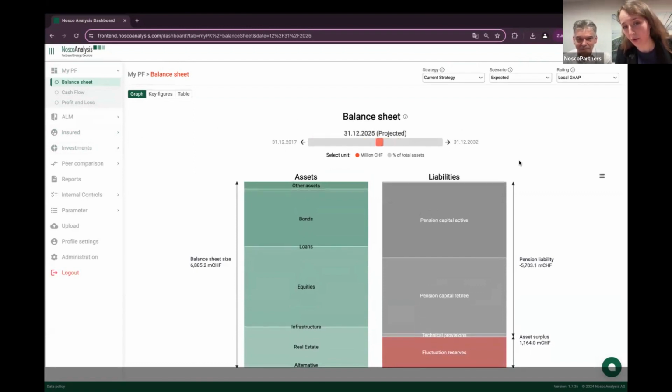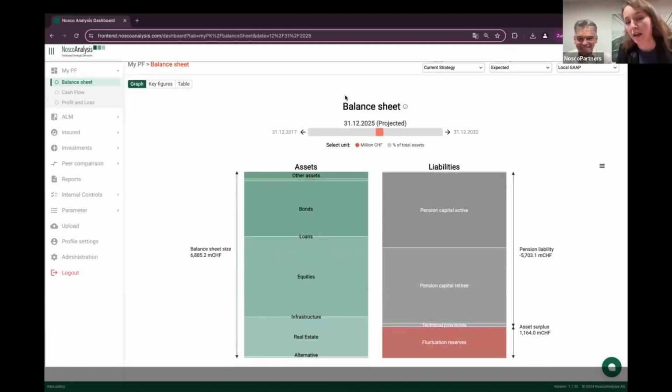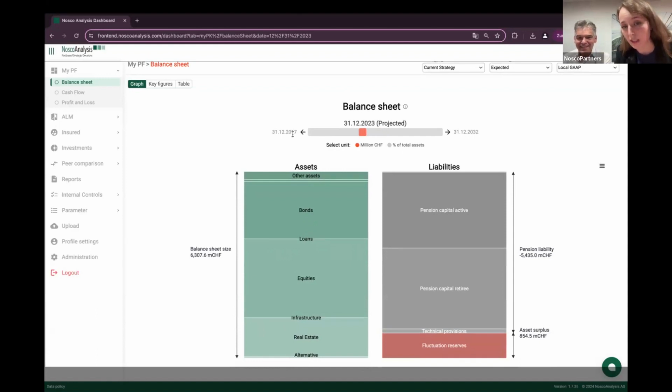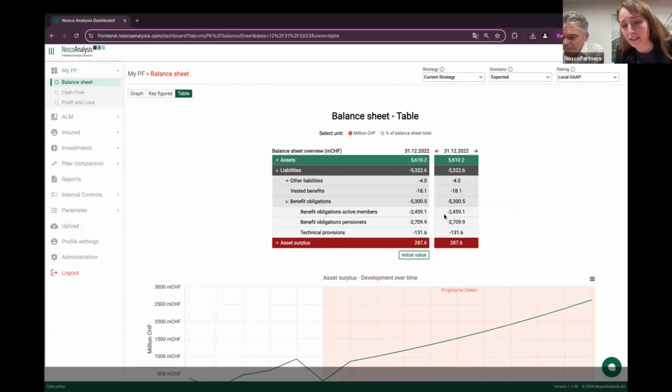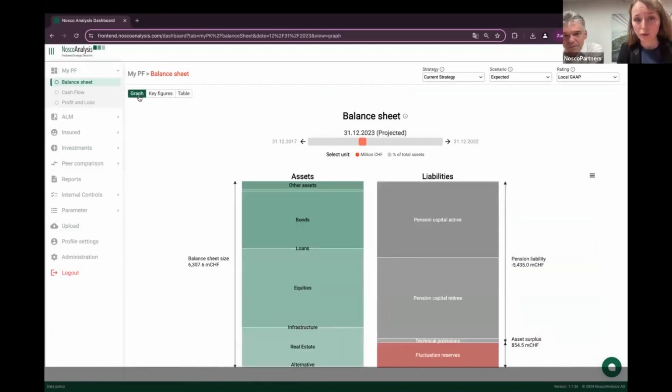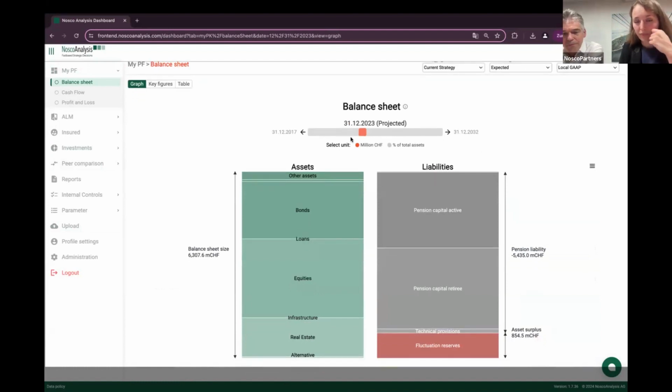We are extremely proud about this feature because we actually display the projected data within the exactly same data logic as the past. And this is quite nice visualization, but of course we can, every time in every story, we can go into more detail and see the exactly quantified numbers.